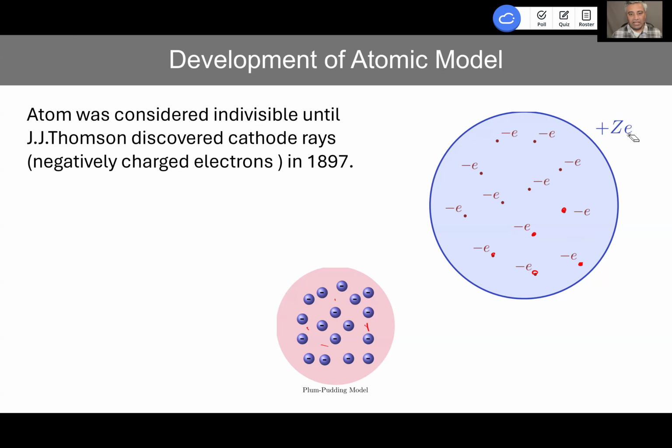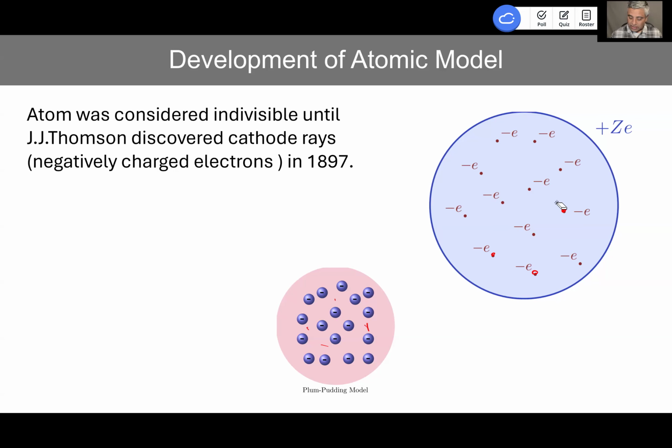Now, in the periodic table they have this atomic number. That means it has that many protons or electrons.